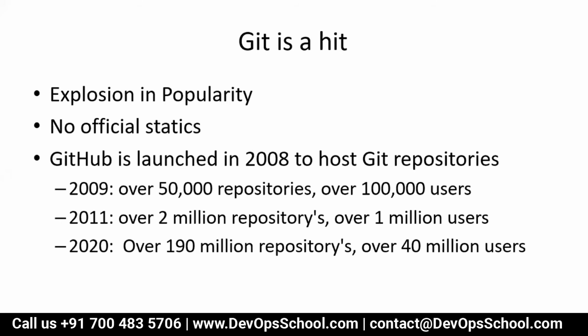If you look at 2011, we had 2 million repositories and over 1 million users. And if you look at 2020, we have over 190 million repositories and over 40 million users. You can just think of it. So see how Git is becoming popular.